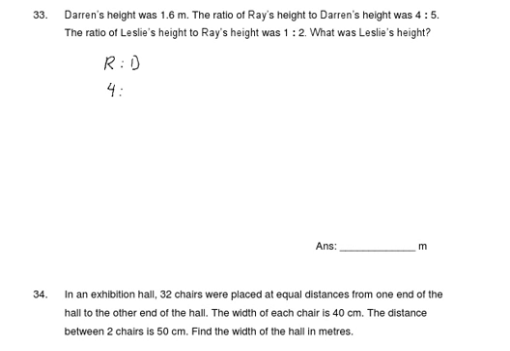Now, the ratio of Leslie's height to Ray's height is 1:2. Okay, now, in order for me to compare the height of the 3 boys, I need to be able to do something like Ray is to Darren is to Leslie. Am I right or wrong?